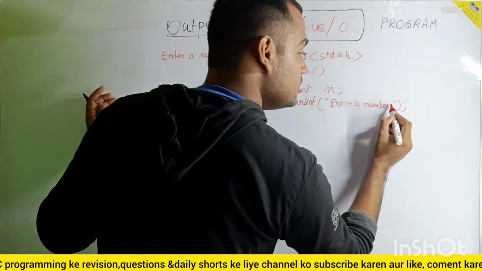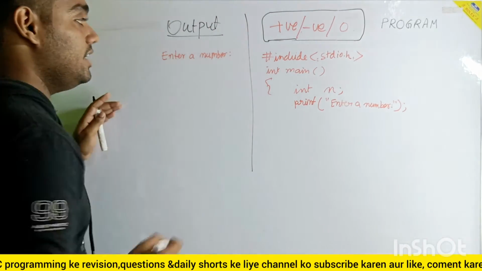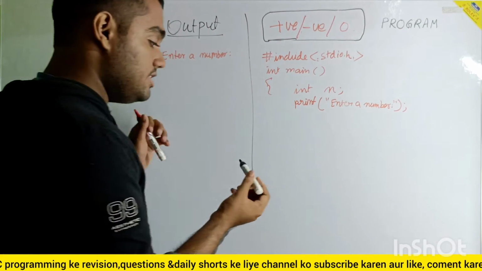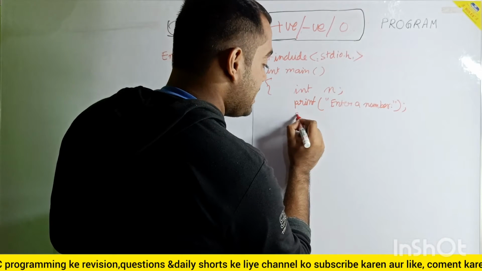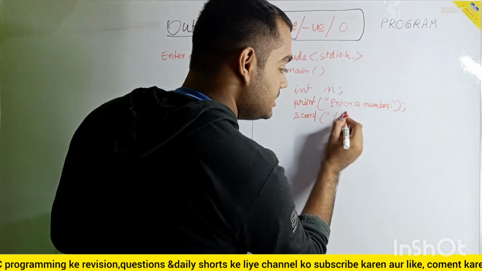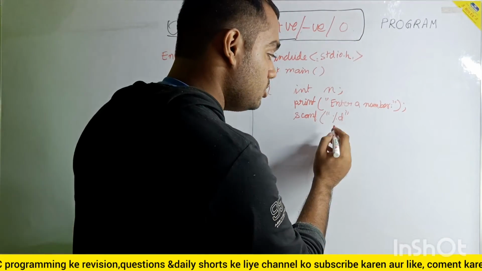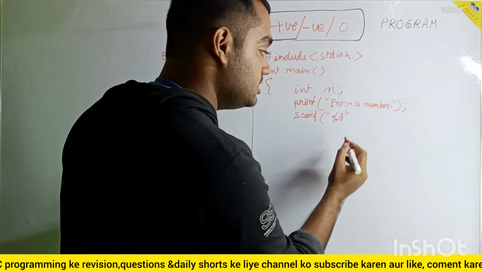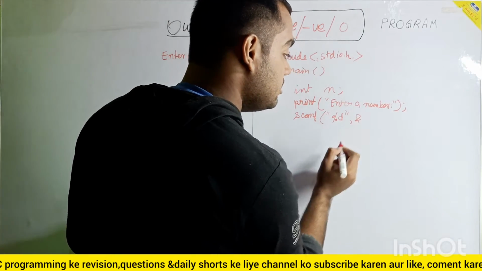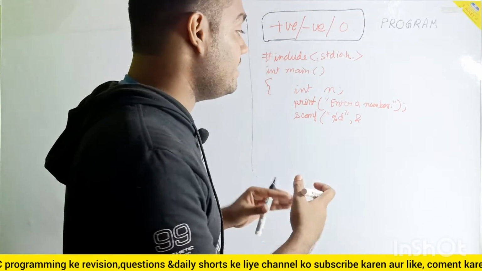Here it will be like this, and then we'll do scanf. This %d is used for inputting numbers, int type integers, and we use &n to tell the address of n.